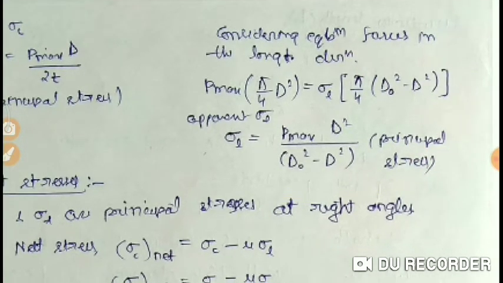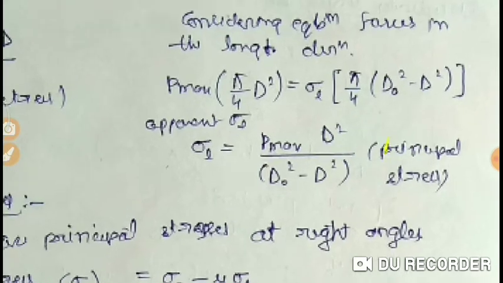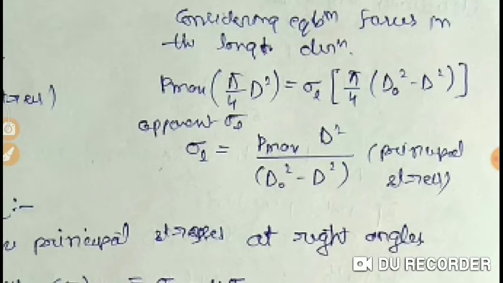Now considering the equation in the longitudinal direction, we should multiply the maximum pressure into area, that is the total applied force. P max, the applied pressure, into area will be equal to sigma L, the longitudinal stress, into the area on which this pressure is acting. So sigma L into pi by 4 into d naught square minus d square.